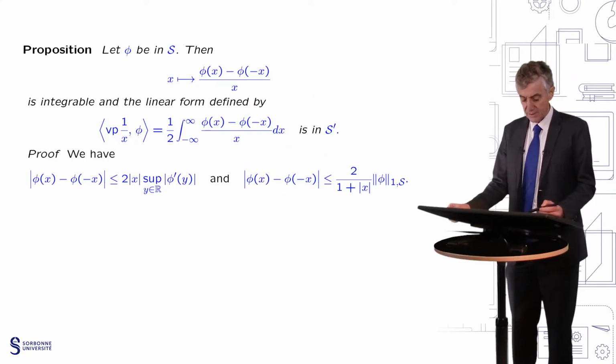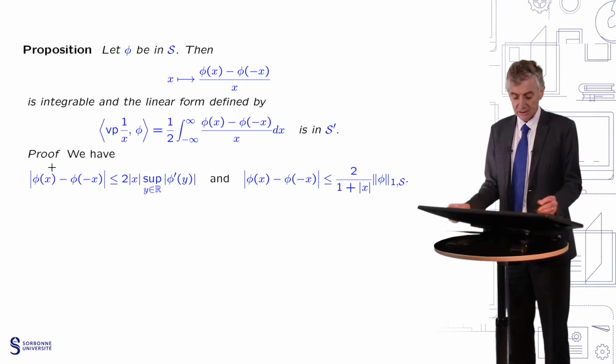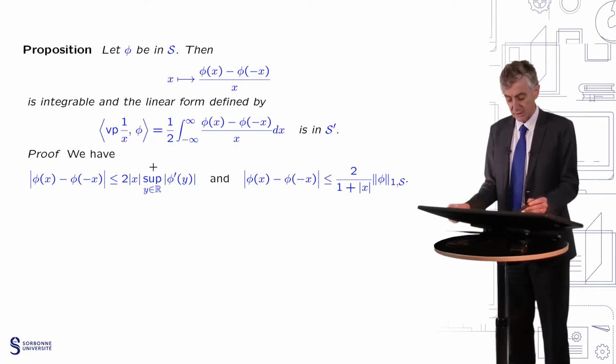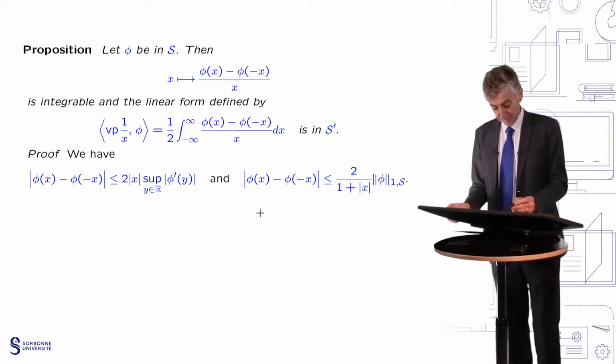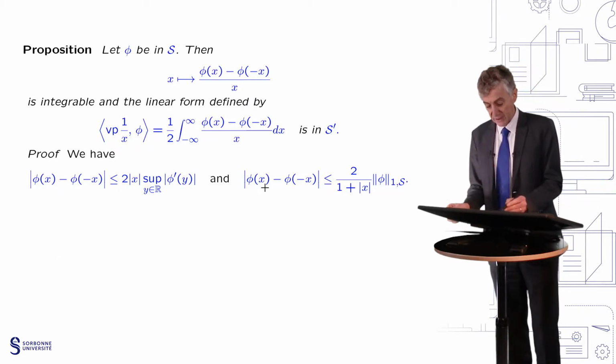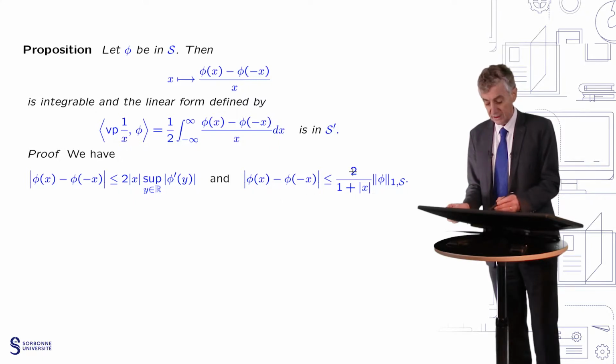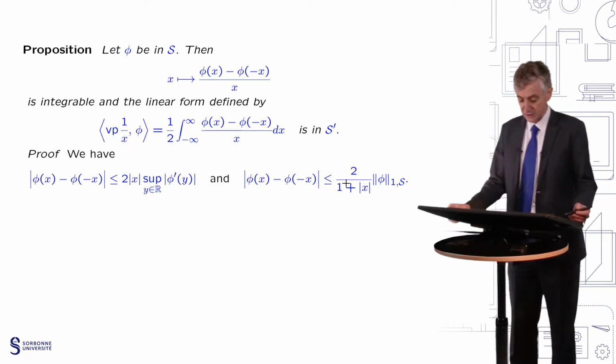Okay, let's prove this. The fundamental inequality of calculus claims that this difference is less than 2 times the absolute value of x times the supremum of the derivative of phi. And of course, because phi is in S, this function decays faster than 1 plus x at infinity.